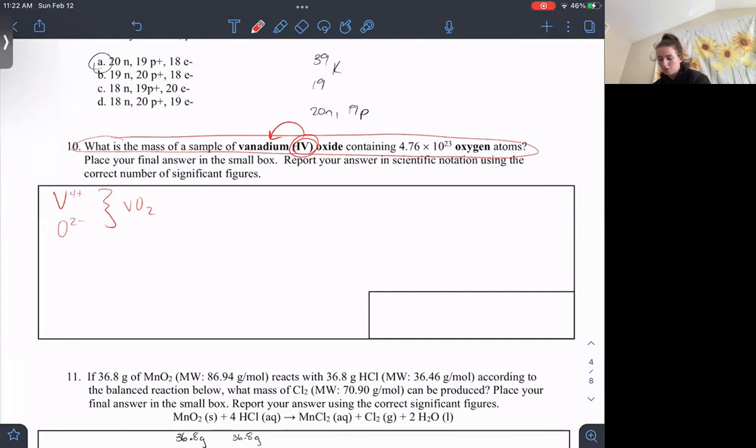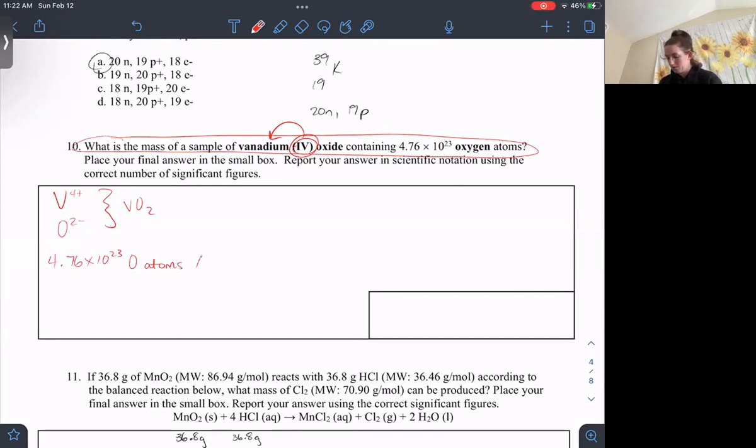Okay, awesome. So we're looking for a sample of this compound given oxygen atoms. So if we start off with the number of oxygen atoms, you're always going to start with that on top. How do we get out of atoms?